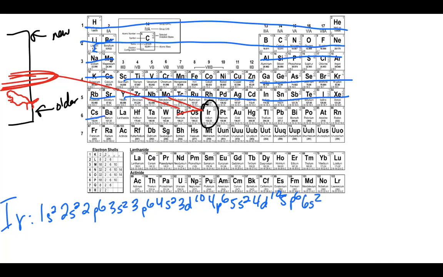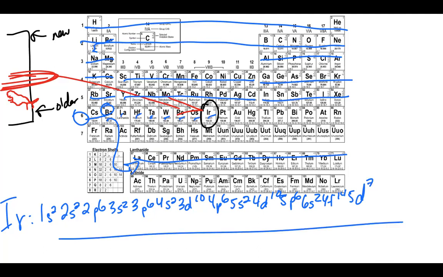Don't forget, at barium, we have to go down for 4f14. Then we go back up to, this is period 6, but this is the D block. So I'm in 5d. And then 1, 2, 3, 4, 5, 6, 7, 5d7. Ta-da! That's iridium.